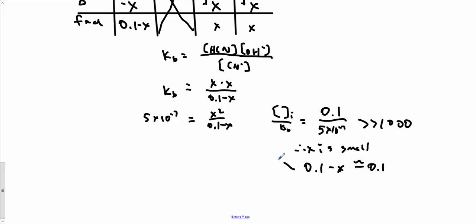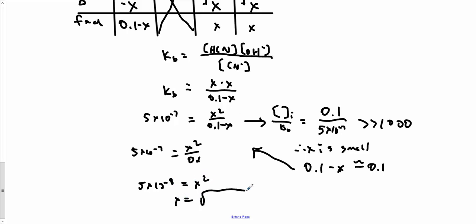Now I'm going to go back up here and get 5 times 10 to the minus 7 is equal to x squared over 0.1, and therefore 5 times 10 to the minus 8 is equal to x squared. X is equal to the square root of 5 times 10 to the minus 8.